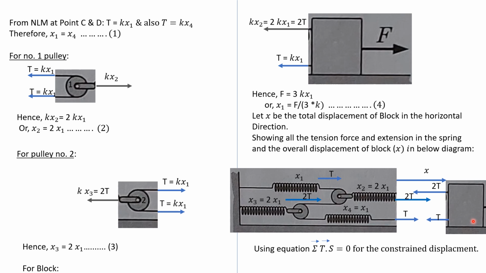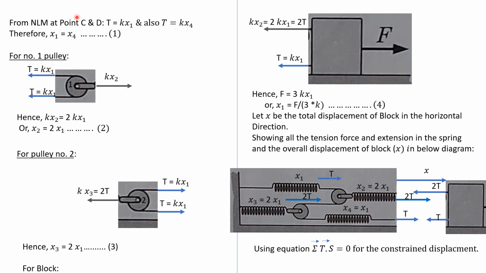When the force started applying on it, right? Showing all the tension, force and extension in a spring, the overall diagram is this. So you can show like this, right? Here it is x1 extension, here it is x2 extension, x2 we have calculated already that it is 2x1. Here it is x4 which is also equal to x1.